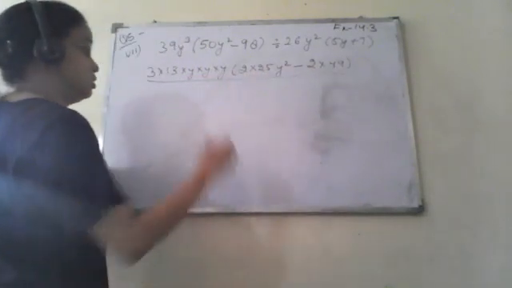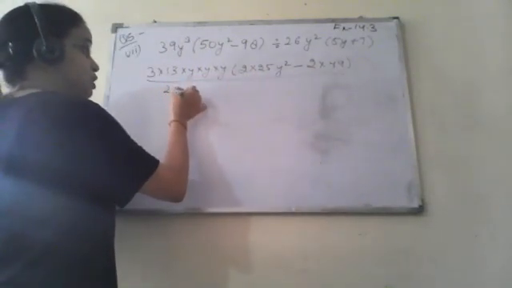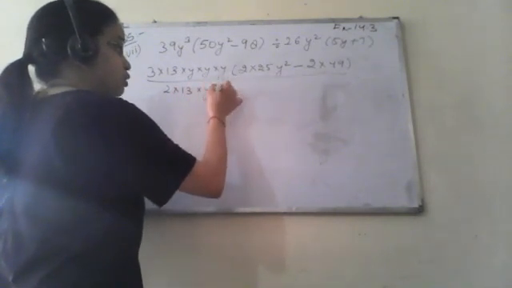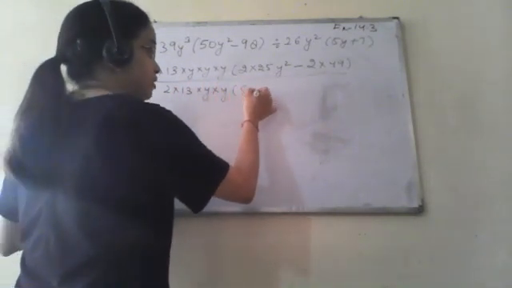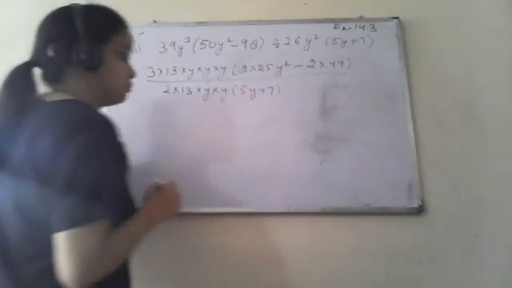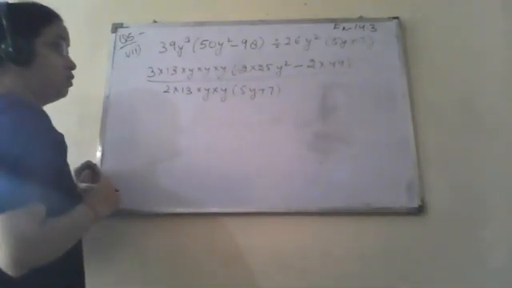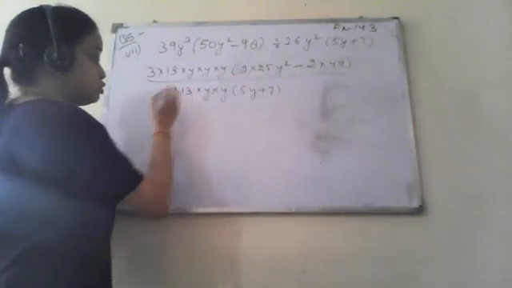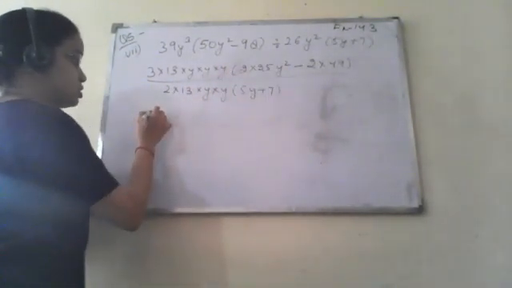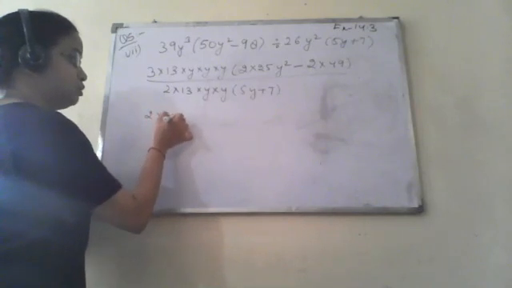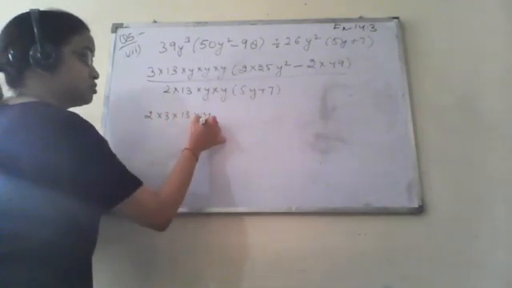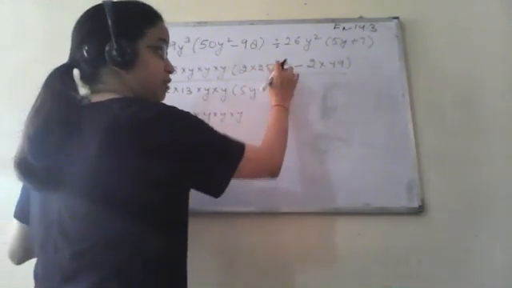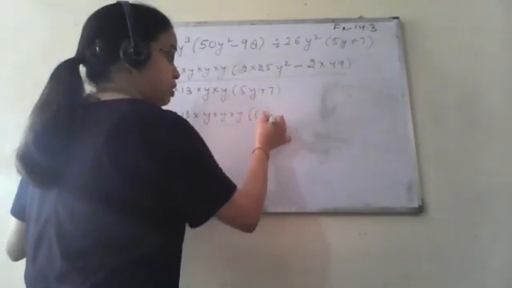Now this is 2 into 13 into y square, that is y into y, and we have 5y plus 7. Now what we can do is take this 2 outside. This 2 is common, so it is 2 into 3 into 13, this is y into y into y. This 25y square is 5y whole square.